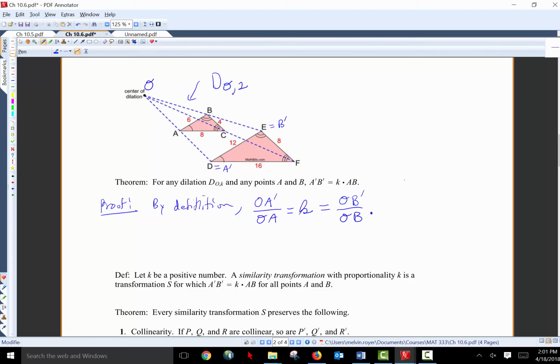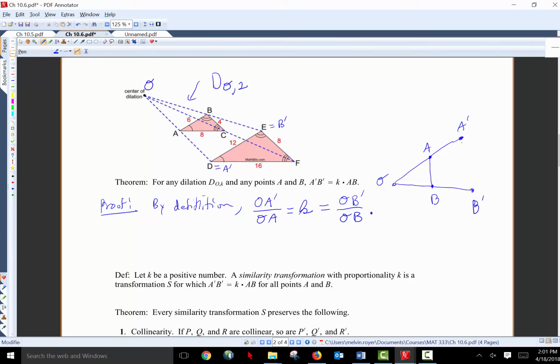And so now if I just draw the essentials of what I have, here's point O, here were points A and B, and A prime and B prime.